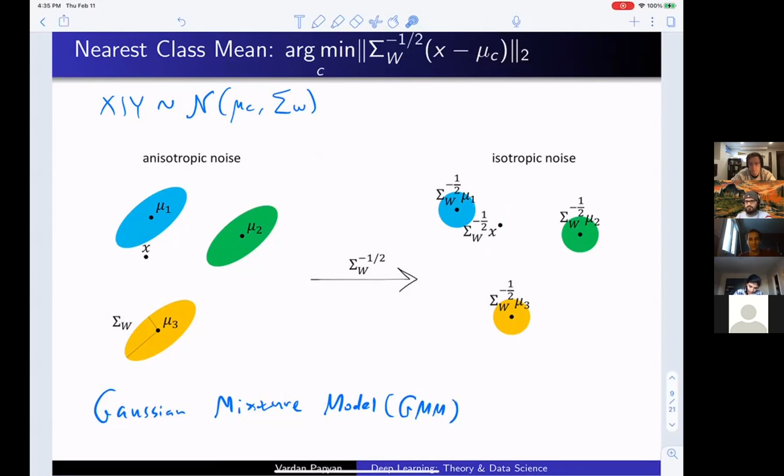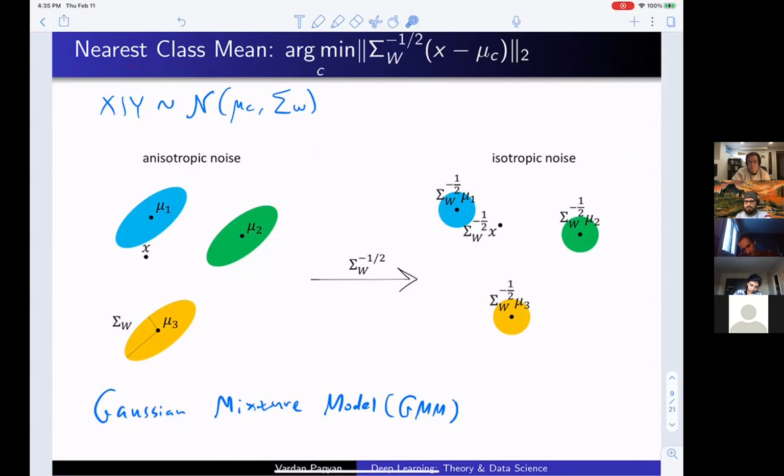Notice that the noise here is isotropic, right? Isotropic noise means that it's spherical. The variance in all directions is equal. Yeah, so Kevin says, you just pick, given a certain point, which mean it is closest to, right? That's why it's called nearest class mean, okay?